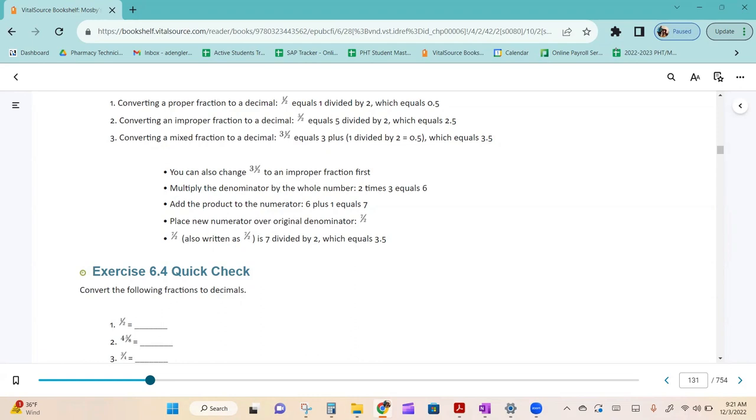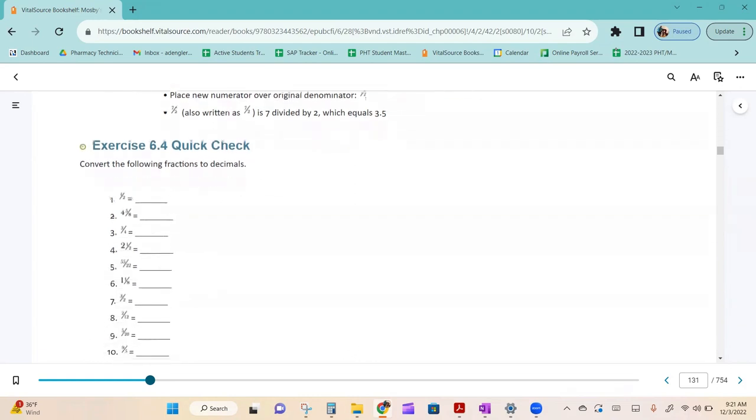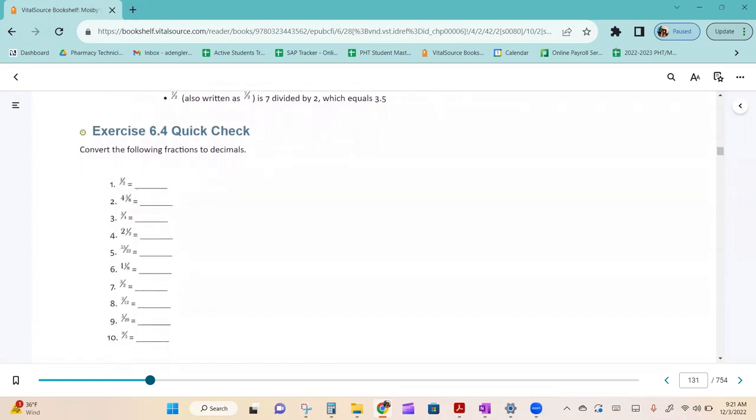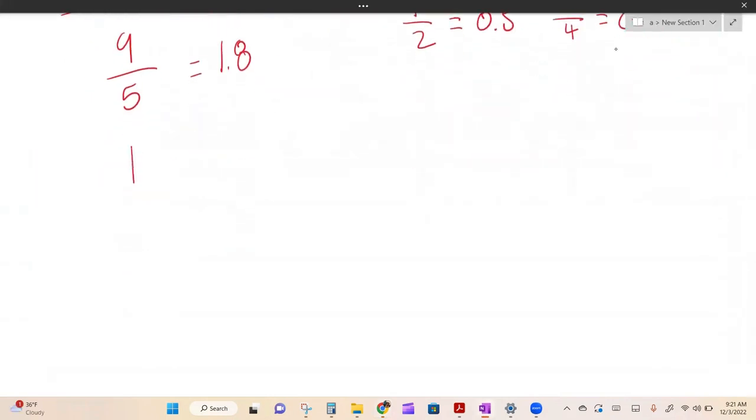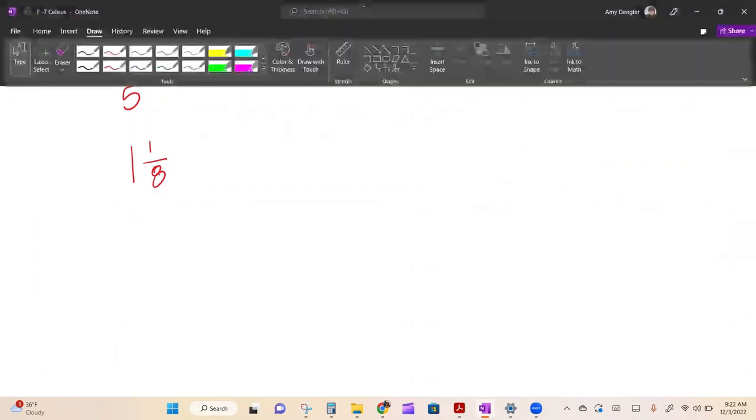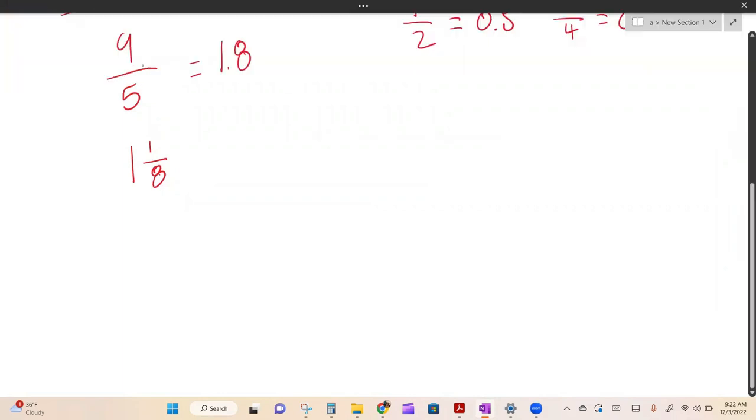If you know a different way, by all means do that. What I like to do is convert to an improper fraction first. So let's do number 6, which is 1 1/8. To change a mixed number to an improper fraction, first we take that 8 and that 1 and multiply them together.